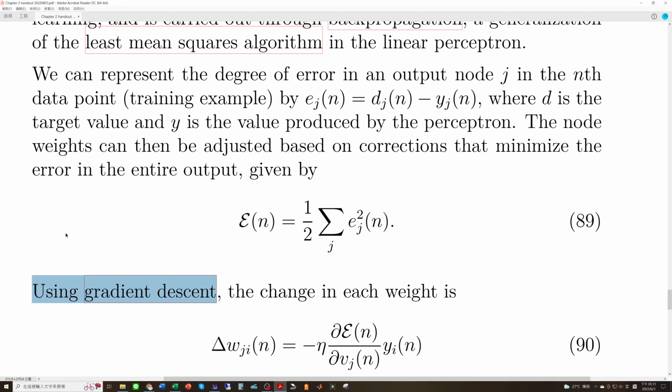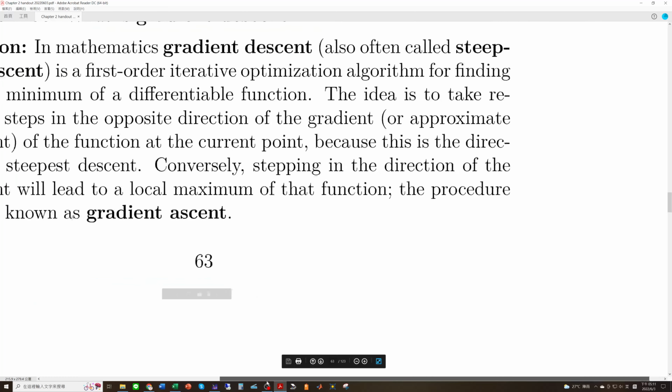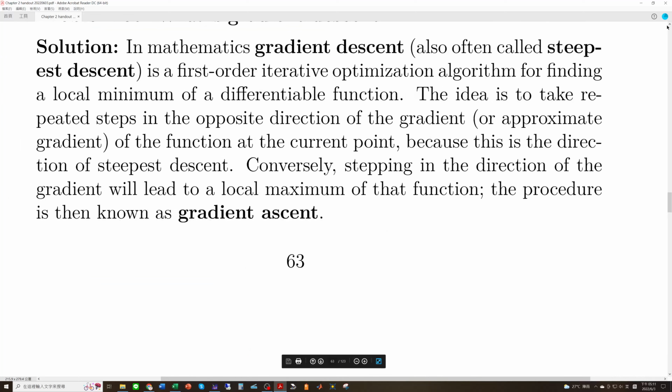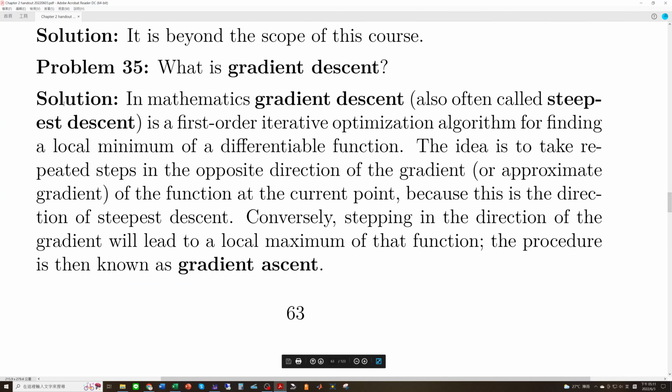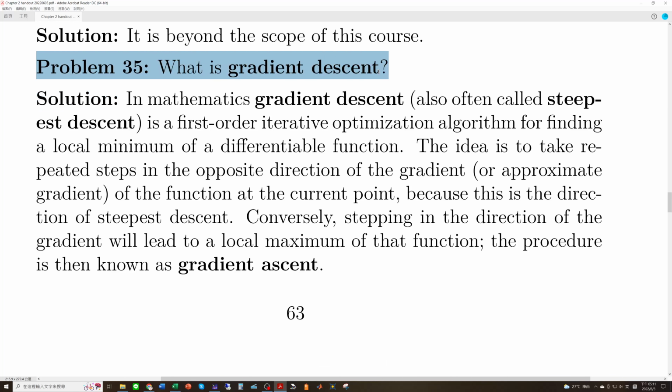I have introduced what gradient descent is. If you forget, you can click on this hyperlink, and the handout will jump to the solution to problem 35, what is gradient descent, on page 63.